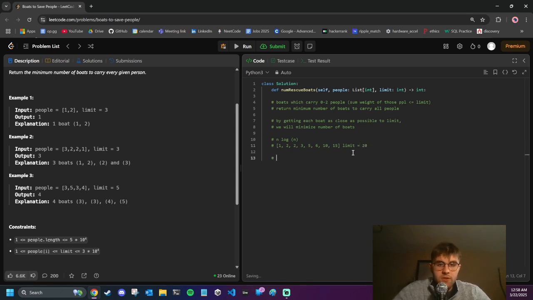So what I would do is take 15, and then our remainder for this number would be 5. So we'd say remainder equals 5. And then I would binary search the rest until we get the element that is as close to 5 as possible, and then group it with 15. So in this case, we'd get 15, 5.